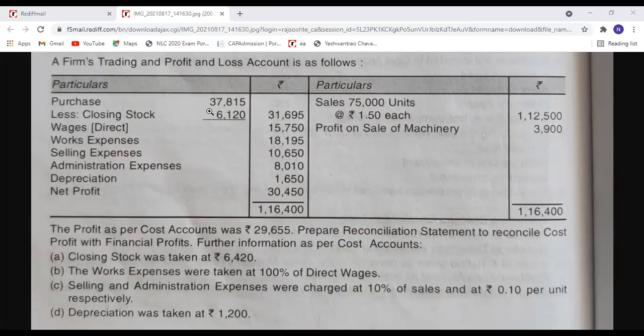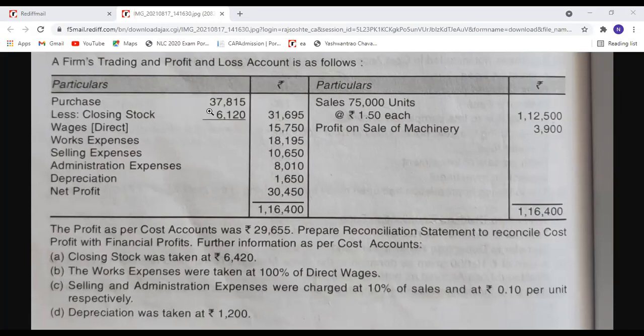Selling and administration expenses were charged at 10% of sales and 0.10 per unit respectively. Selling expenses are 10% of sales, and administrative expenses are 0.10 per unit. These are the informations given as per the cost account. And depreciation was taken at rupees 1,200.